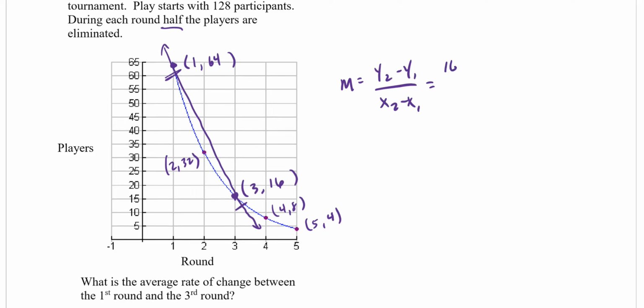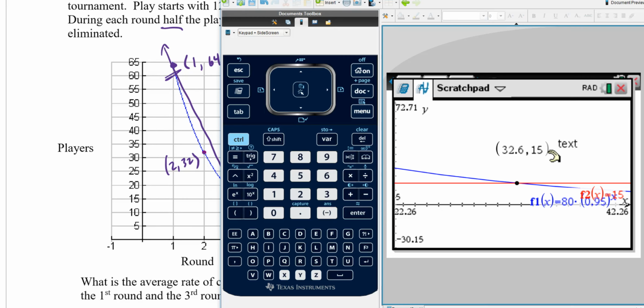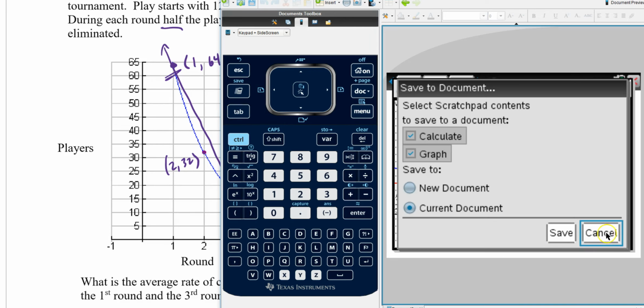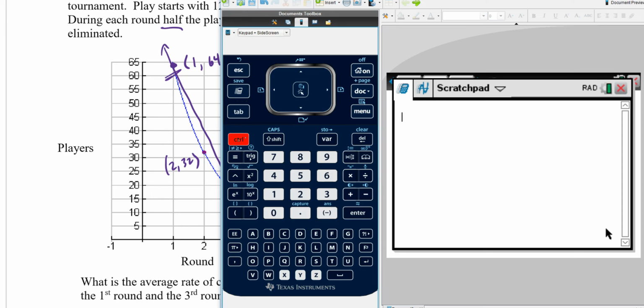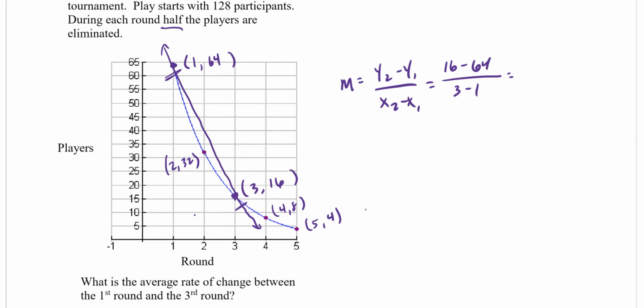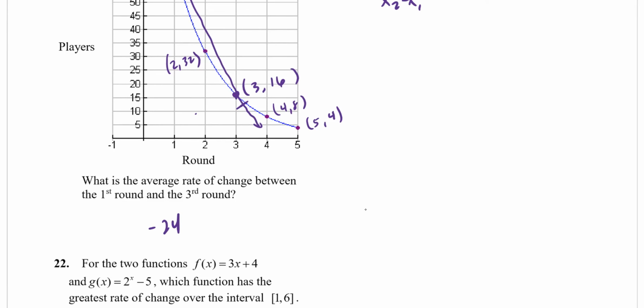That's going to be 16 minus 64 over 3 take away 1, which gives me a slope of negative 24 players per round. So I'm averaging losing 24 players per round.